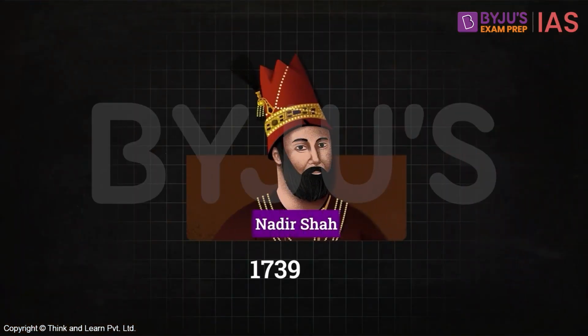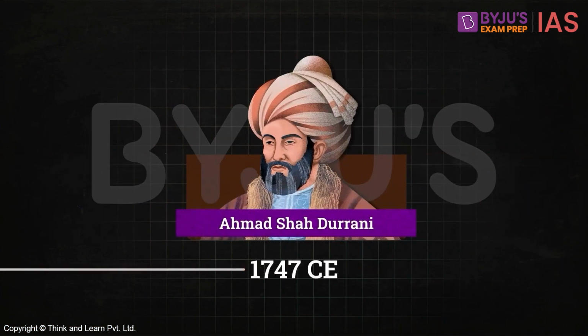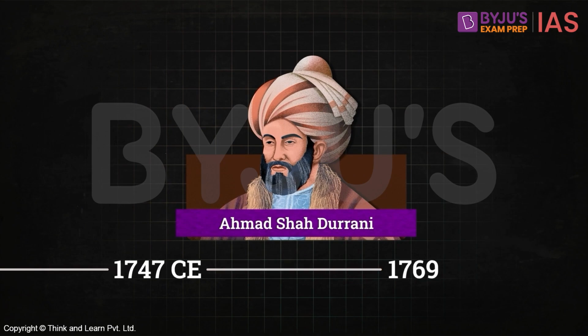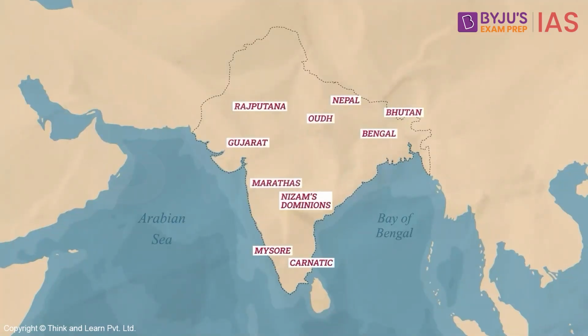To make matters worse, the invasion of Nadir Shah in 1739 and multiple invasions of Ahmad Shah Durrani between the years of 1747 and 1769 left a huge blow on the Mughal Empire. This led to the decline of the Mughal Empire.